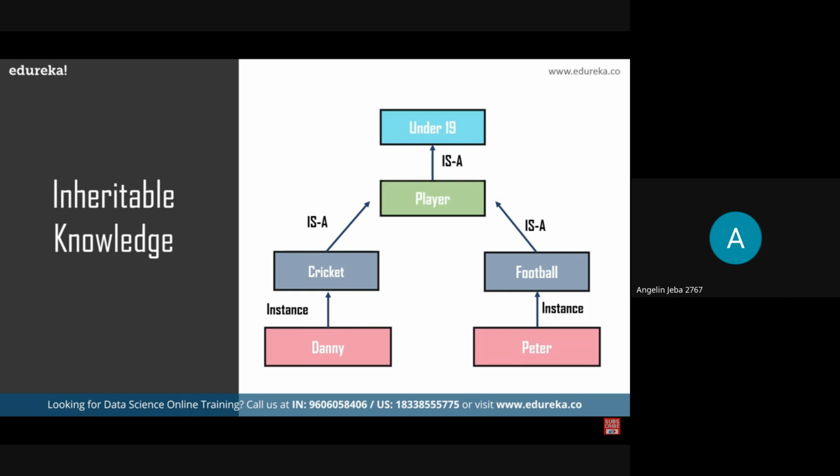So here you can see the example where we have two different players, Danny and Peter, who play two different games such as cricket and football. But they both are known as players and they both play for the under 19 teams. So you can see the relationship here. For Danny, cricket, and Peter, football, it's an instance. But when you compare the relationship of cricket, football with the player and the under 19, it's an is-a relationship, which is also the inheritance.